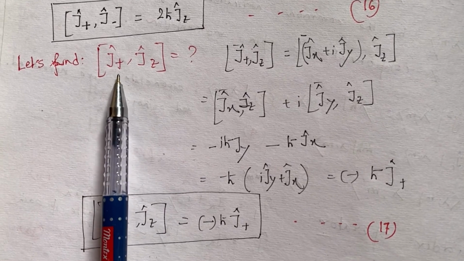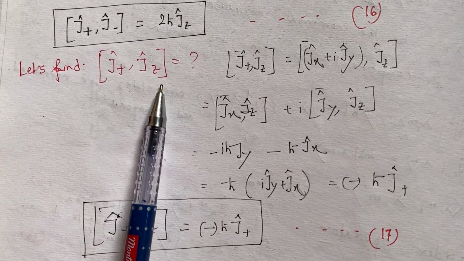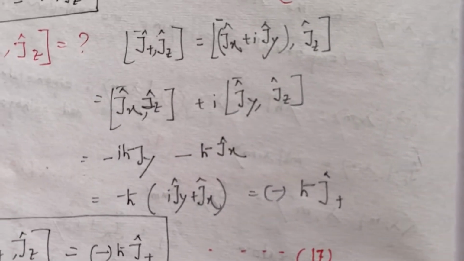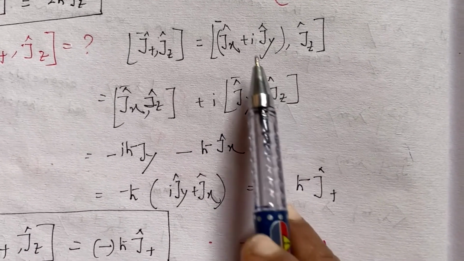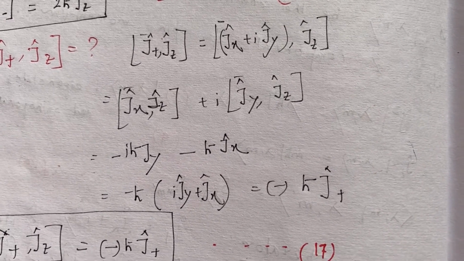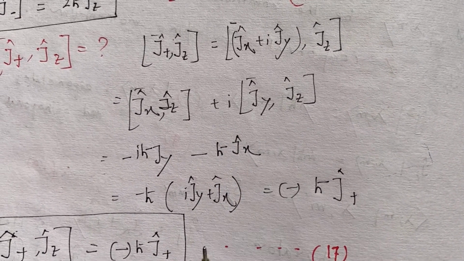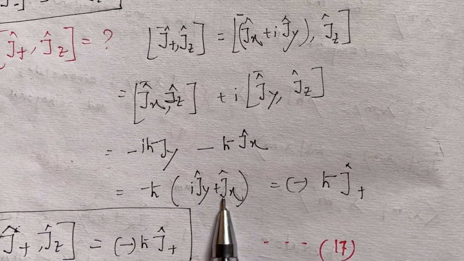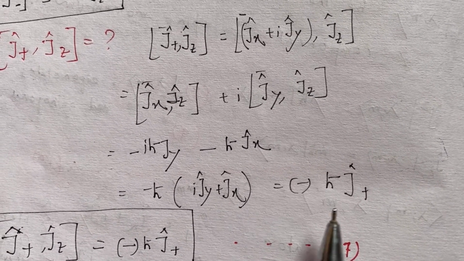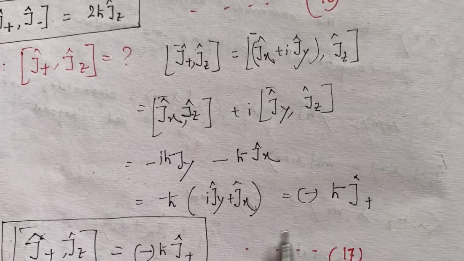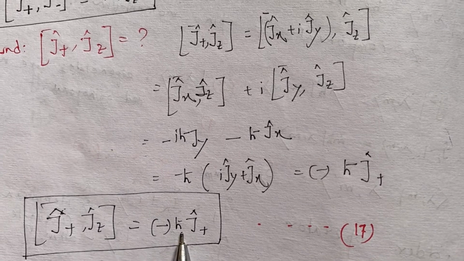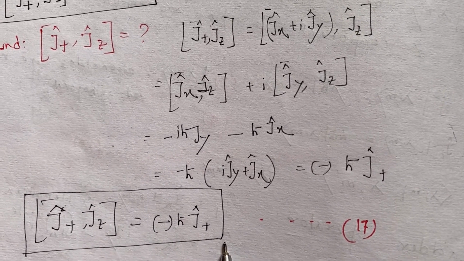So let's find out the commutation relation of J plus and Jz. Instead of J plus, I have written the definition of J plus, which is Jx plus iJy. Just doing some algebra, I have arrived at this place where Jx plus iJy is nothing but J plus, which means the commutation relation of J plus and Jz is minus ħ J plus.